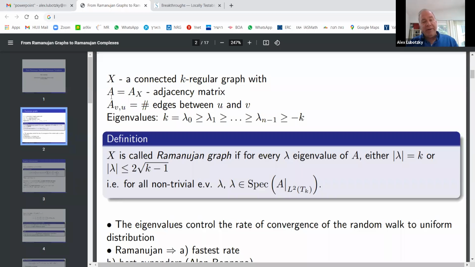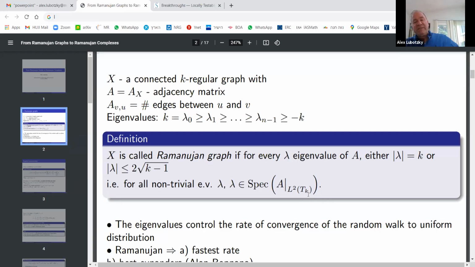And here is an old theorem of Kesten, saying that if you take the adjacency operator A and apply it on the L2 functions on T_k, where T_k is the k-regular tree, the spectrum of it is exactly the full interval between minus 2 square root of k minus 1 and 2 square root of k minus 1.